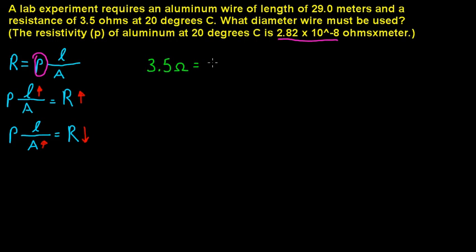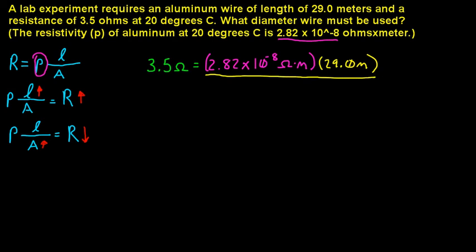So we say 2.82 times 10 to the negative 8th ohm meters, multiplied by the length of 29 meters, all over the area.